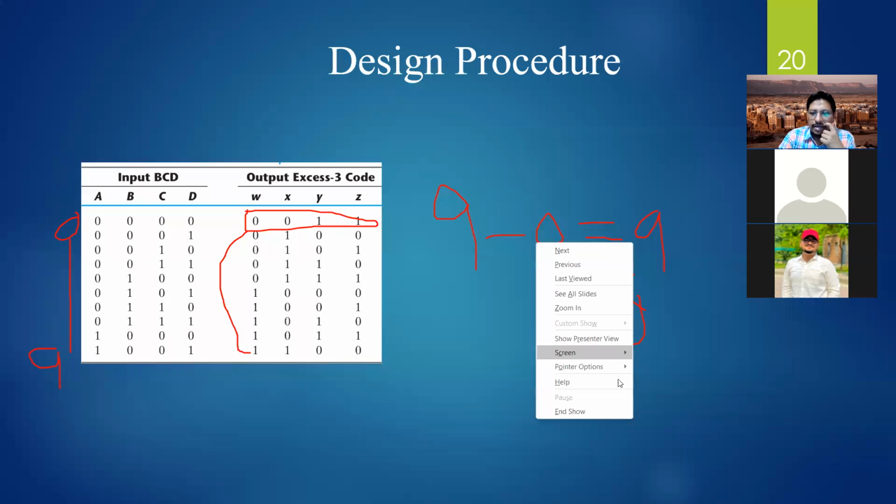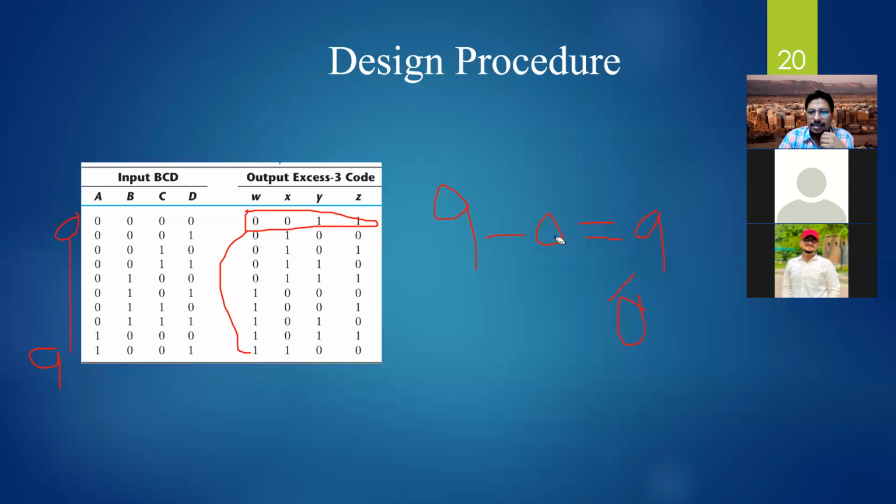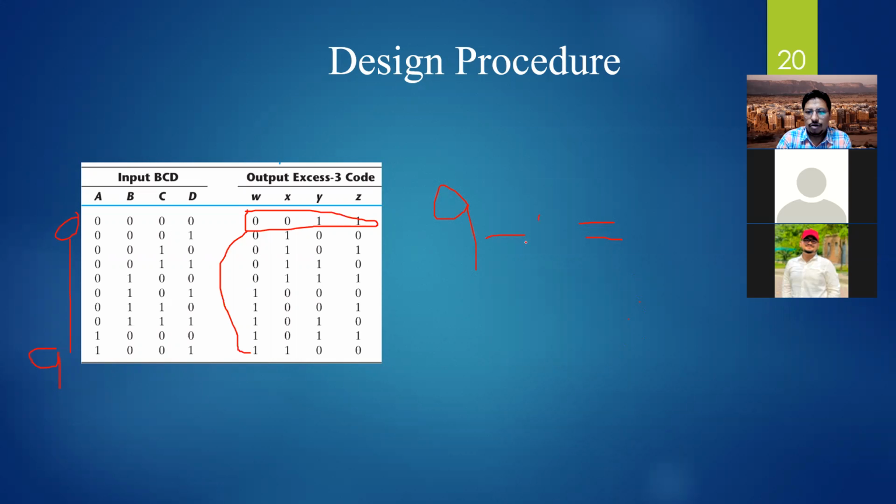Let's take another example. For example, if I take here a bit of, for example, 5 or 4, for example. If I take 4 here, what will I get as the result?